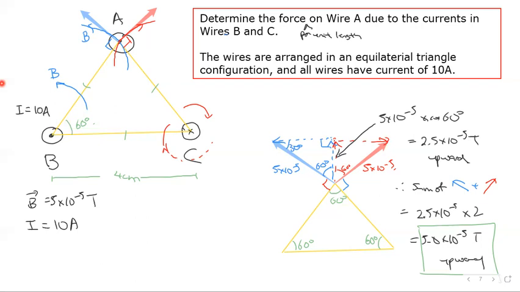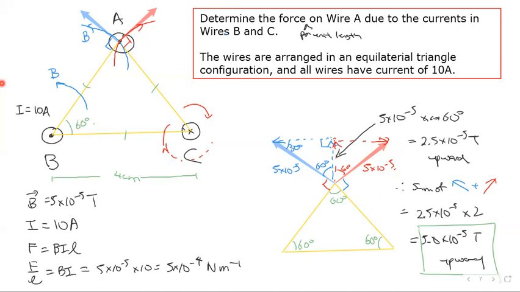So that means I have to work out, well, F equals BIL. It's all perpendicular, so I don't need to worry about sine theta. So F over L equals BI, which is 5 times 10 to the negative 5 times 10, which is 5 times 10 to the negative 4 Newton per meter.